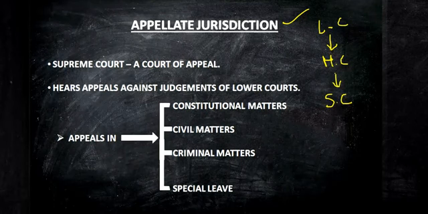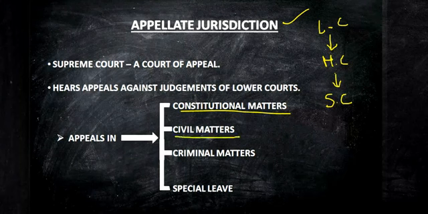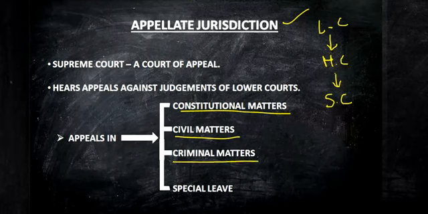Some issues fall under constitutional matters, some cases fall under civil matters, and other cases fall under the category of criminal matters. And there is a fourth important thing, that is appeal by special leave. This is a very special way of appealing.